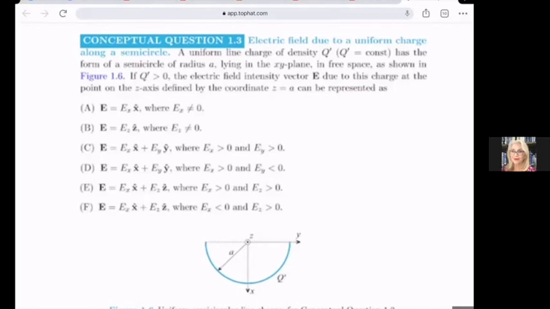But why do you think it's going to be a negative component in the x direction? Because it said that the elemental charge element would be positive, so I would think that the field lines would emanate in the outwards direction. Yes, of course, ma'am. Okay. Well, if you think it that way, of course, it makes sense.